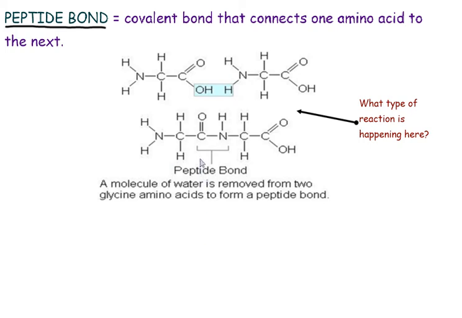What we have here is the OH of one bonds to the H of another, so our carboxyl group of one bonds to the amino group of the other. When this occurs, H2O is lost. And what happens is we form a bond between the two.